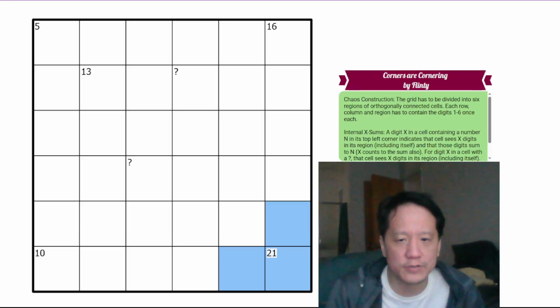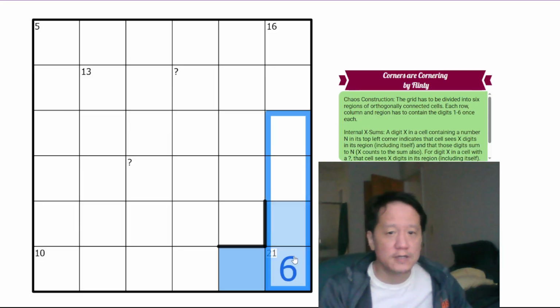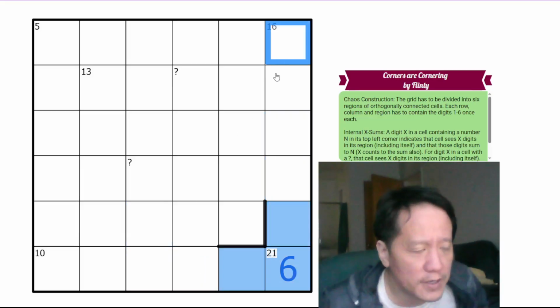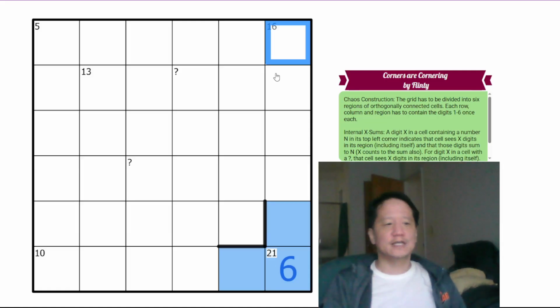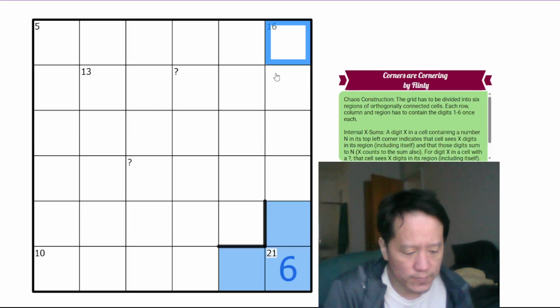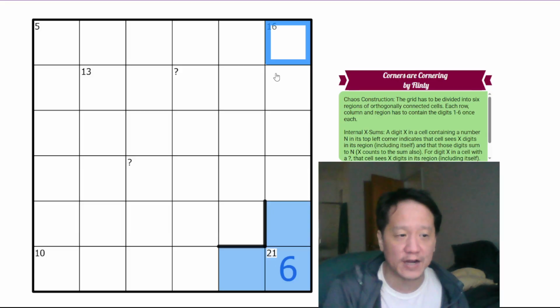Let's draw boundaries. I guess we can mark dark ones. So this one is definitely 6, and it sees some cells this way and some this way. This, to add up to 16, cannot see 5 digits. If it sees 5 digits, that would be 1, 2, 3, 4, 5, or 1, 2, 3, 5, 6, neither of which add up to 16.